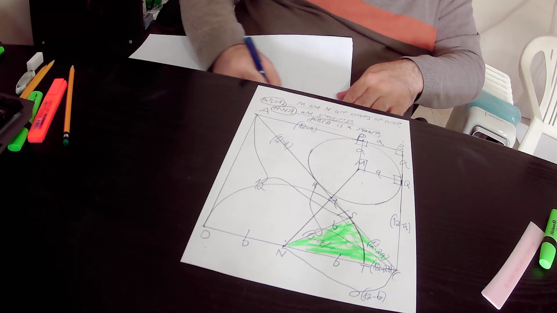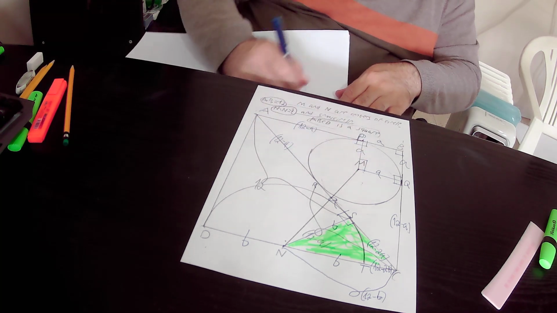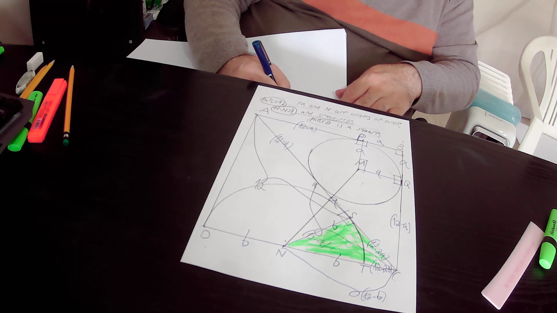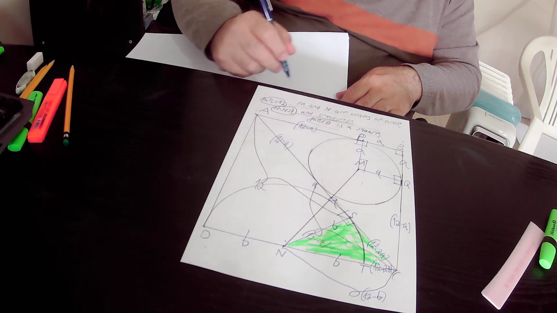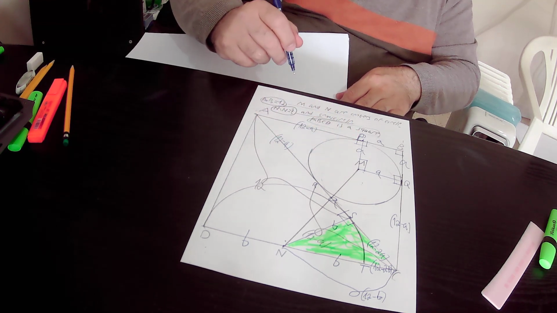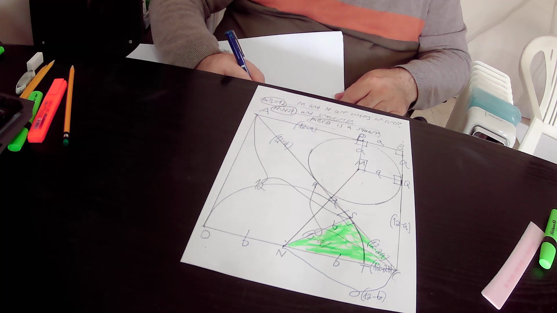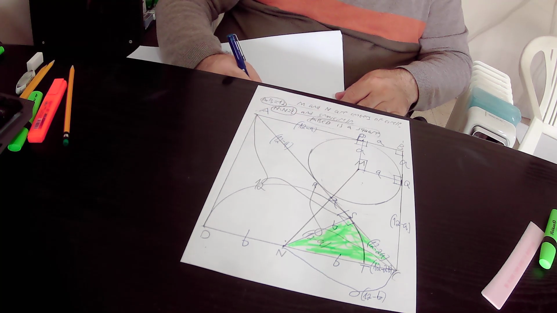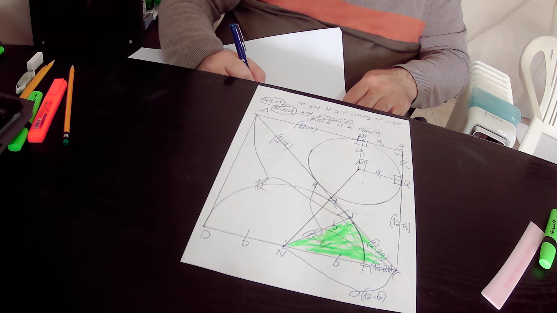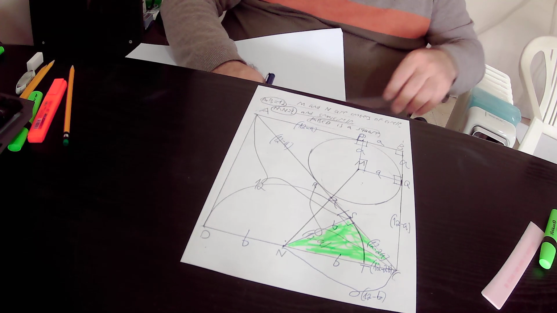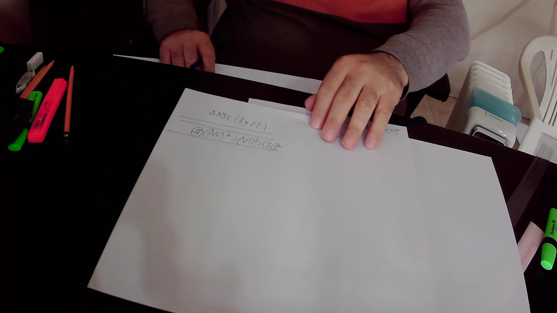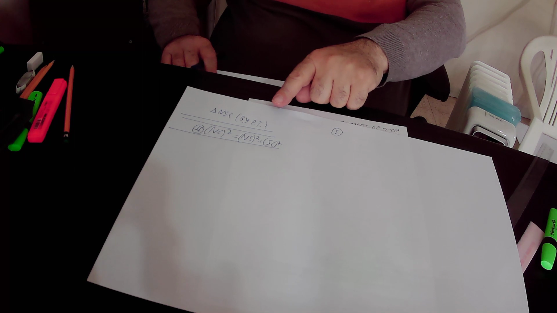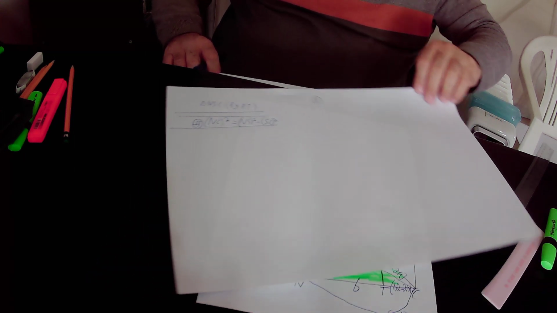That is to say, it must be equal to NS squared plus SC squared. I will repeat again. On the right green triangle NSC, according to the Pythagoras theorem, NC squared equals NS squared plus SC squared.